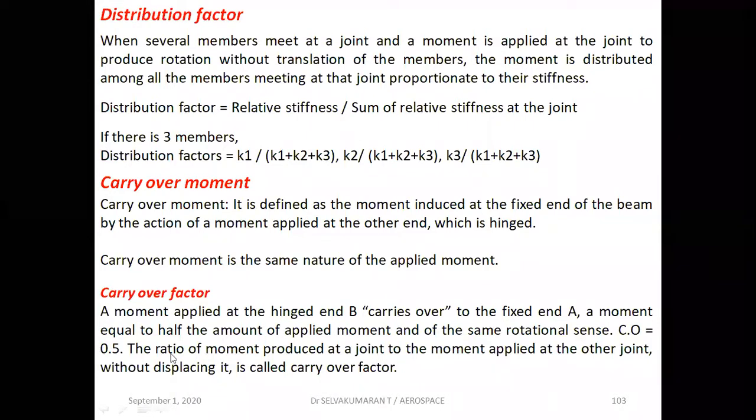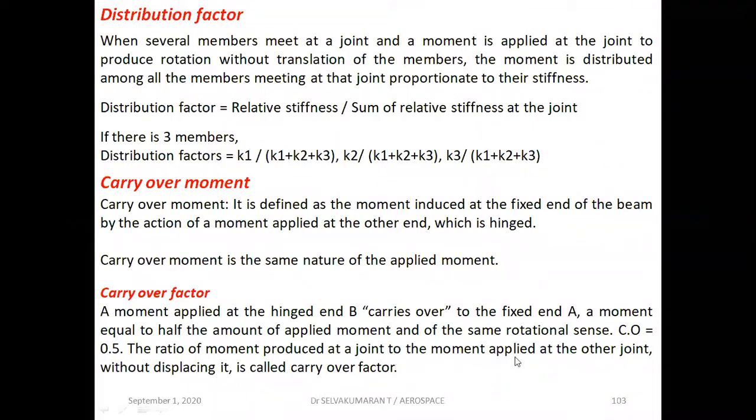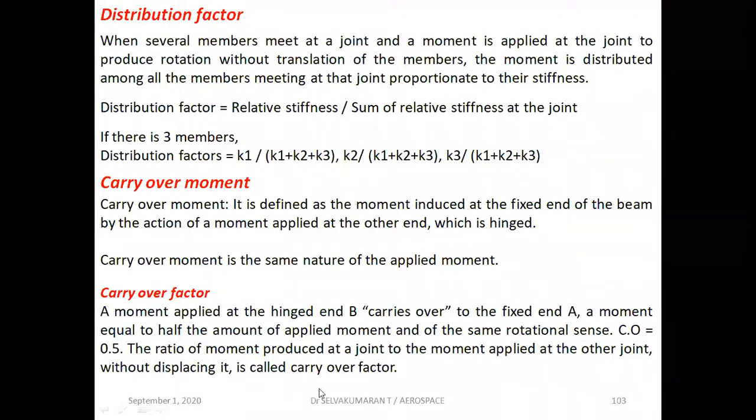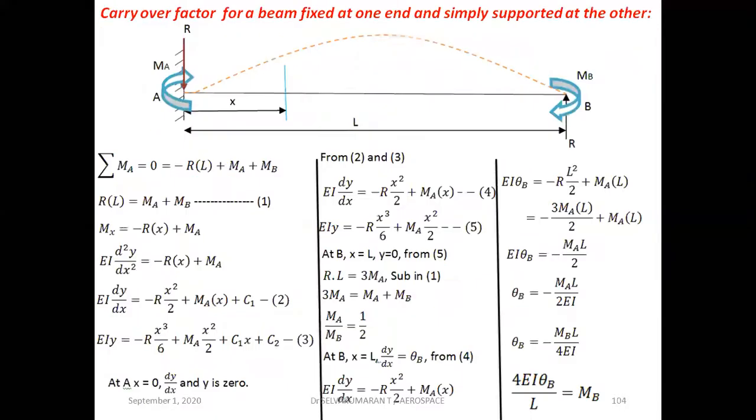The ratio of the moment produced at a joint to the moment applied at the other joint without displacing it is called the carryover factor. So once I do the derivation, you will be able to understand what is carryover moment, what is carryover factor, what is distribution factor, what is stiffness factor, everything.